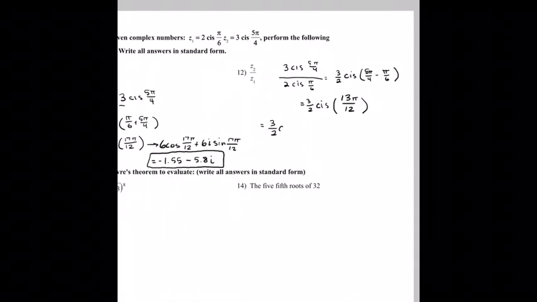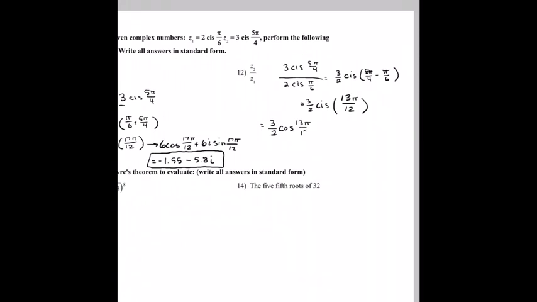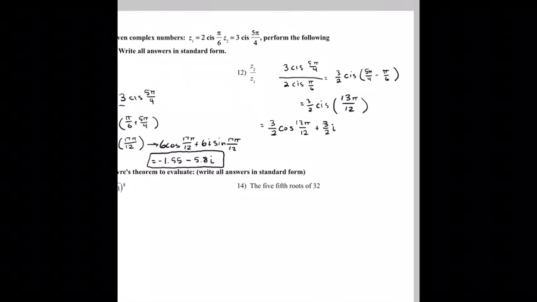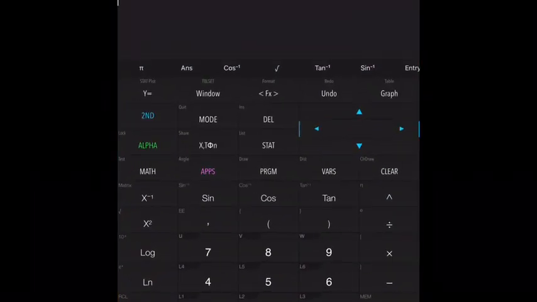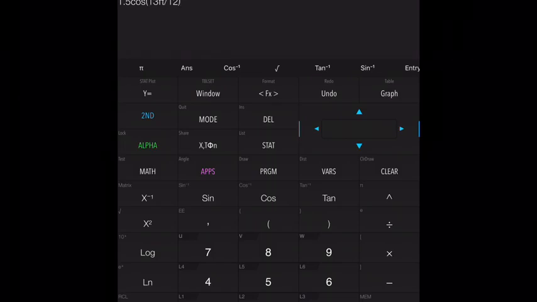So this is 3/2 times the cosine of 13 pi 12ths plus 3/2 i sine of 13 pi 12ths. So we need 3/2, which is 1.5 times the cosine of 13 pi 12ths.